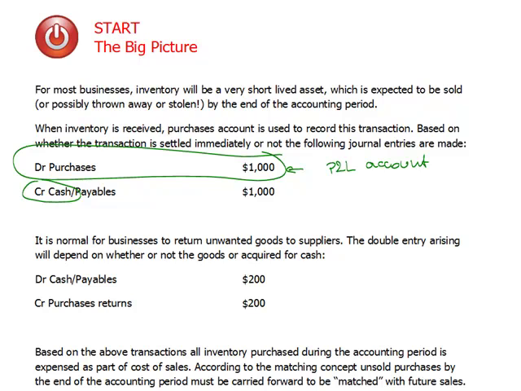So all the purchases that we made during the year need to be adjusted by the bit that remains unsold at year end. However, at the very beginning, we had some opening inventory which presumably was sold during the year.